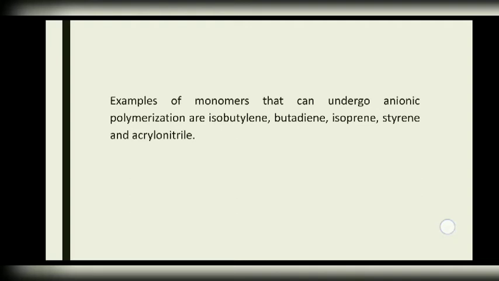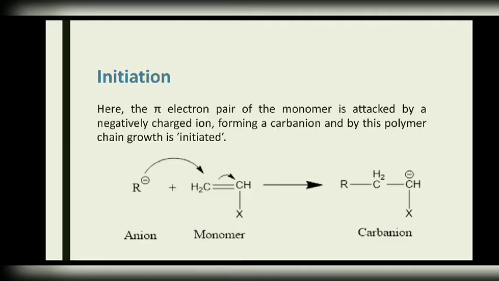Fine. Now let us discuss the mechanism of this anionic chain polymerization. As usual, in chain polymerization, the same steps will be followed. The steps are initiation, propagation and termination, right?